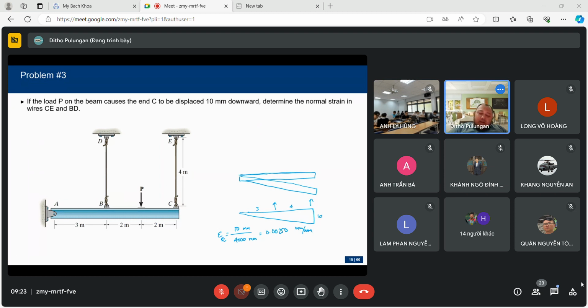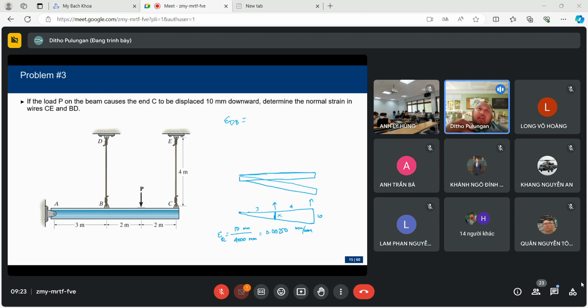Okay, clear? So how about the epsilon BD? What is the delta for this one? You can calculate using interpolation, right? If this is 10, because the length is 7, yeah, from this point to this point, what is this X, if the length is 3?